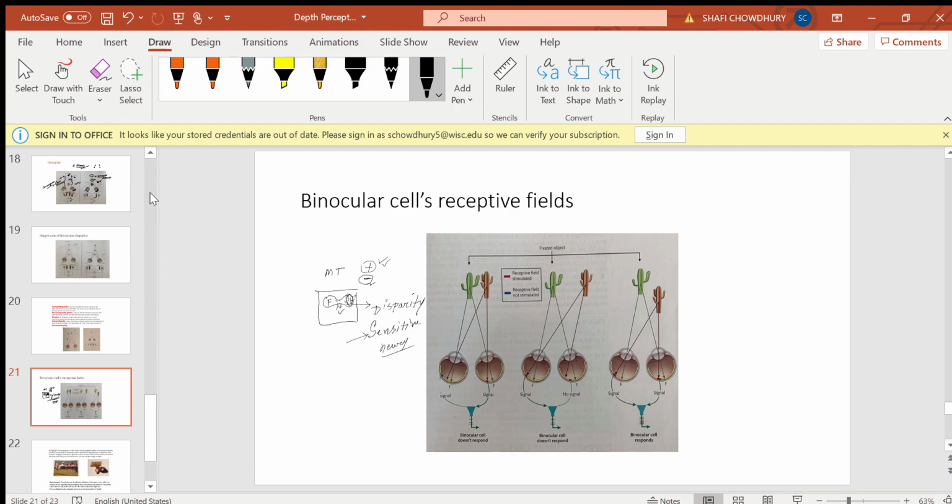So that's why you have the map, a very nice map, and the neurons respond to, like, all these are near neurons. Okay, this is the fixation point. The neuron responds to zero disparity. So this is zero disparity, the fixation point, and this is your eye.